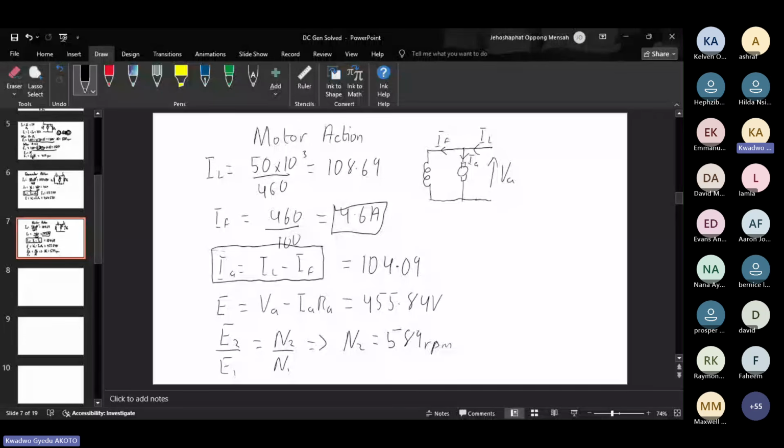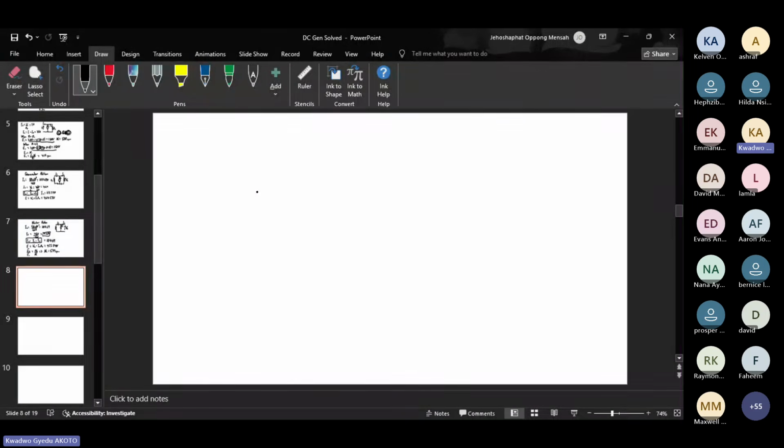So now let's look at why the speed direction is going to remain unchanged. Okay, so for generator action, please pay attention here. Direction of speed, not speed, right? Speed direction is unchanged because we know that speed, omega m or nm, whichever one you want to use, is E on K phi, right?